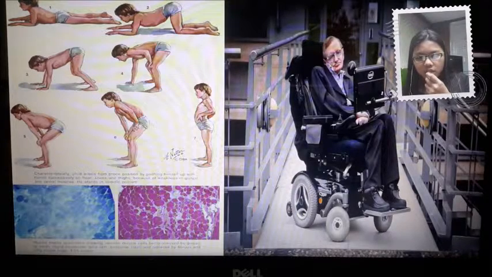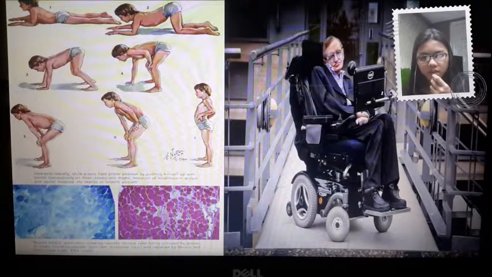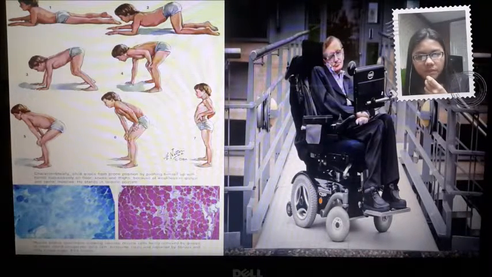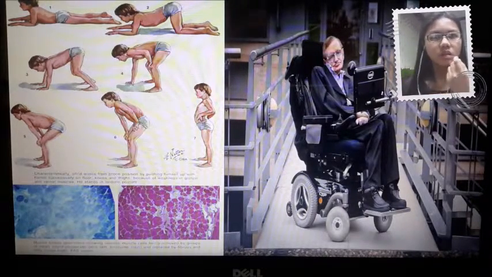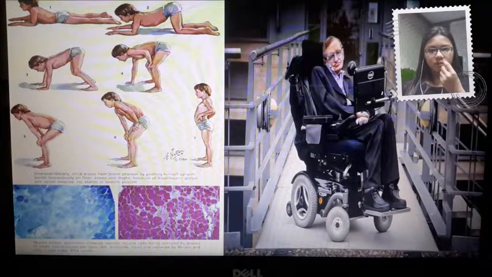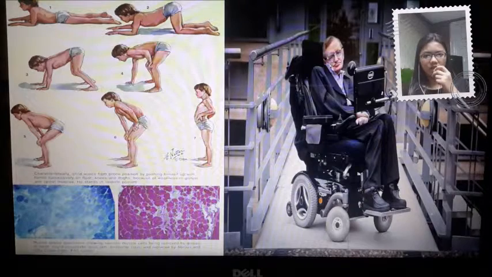Characteristically, the child arises from a prone position by pushing himself up with hands successively on the floor, knees, and thighs because of weakness in gluteal and spinal muscles. He stands in a lordotic posture, which, as you can see, is not straight. It's like an S, with the stomach protruding forward and the bottom protruding backwards.